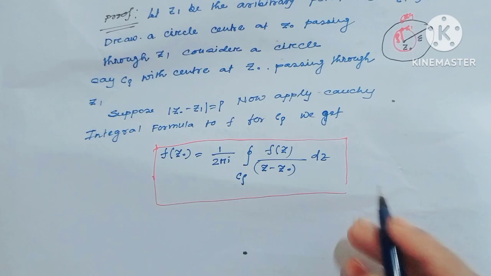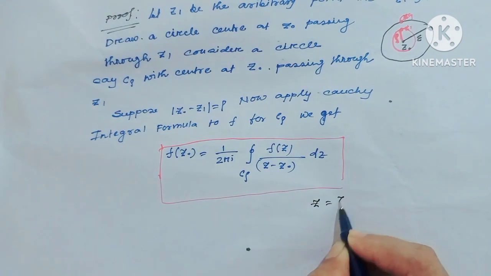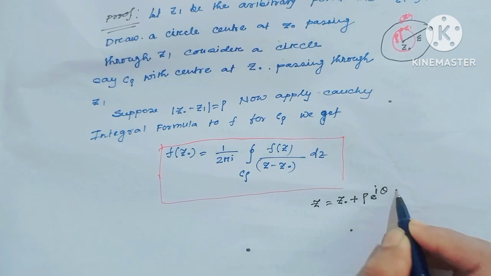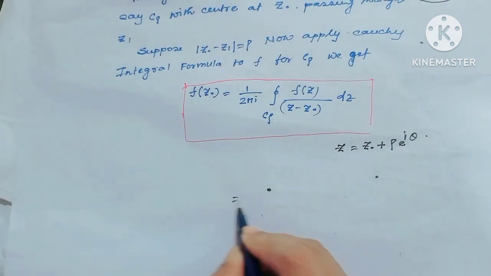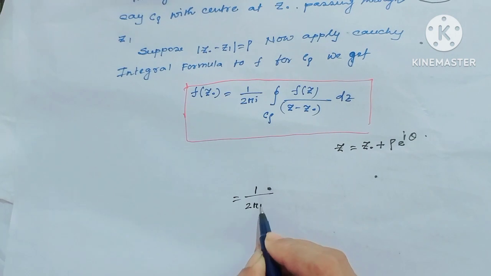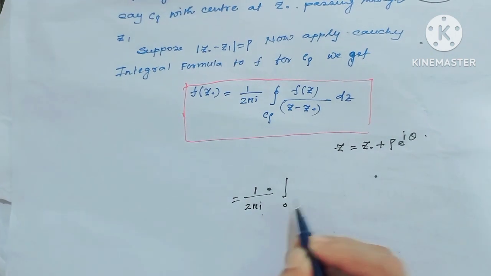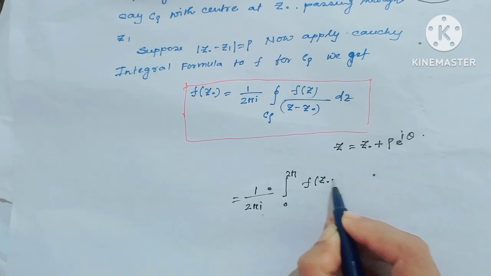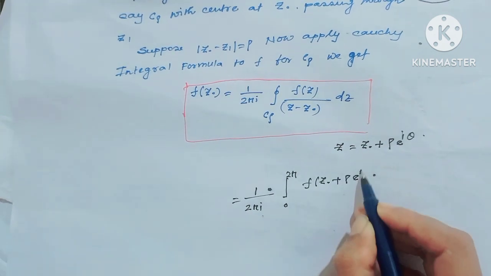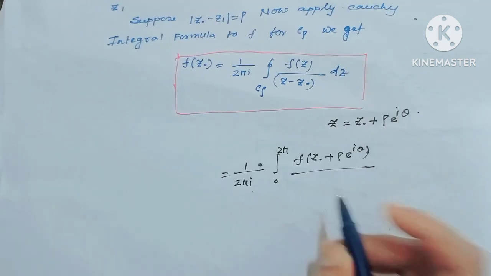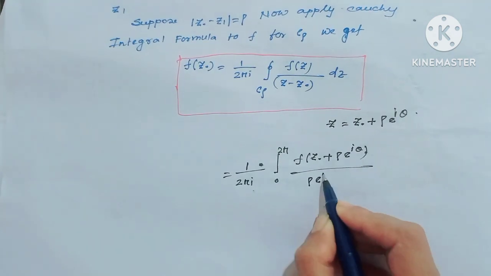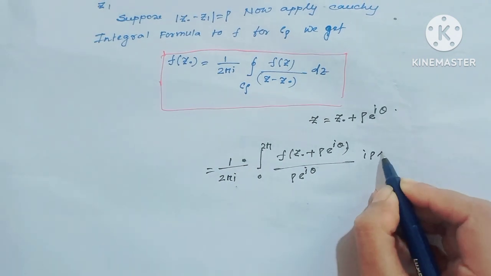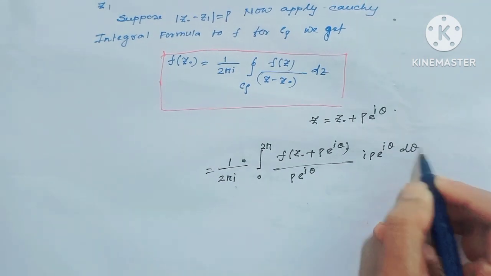Now consider z equal to z0 plus rho e to the power i theta. Now put in the value: this would be 1 over 2 pi i, the integral from 0 to 2 pi of f(z0 plus rho e to the power i theta) over rho e to the power i theta, and dz means i rho e to the power i theta d theta.